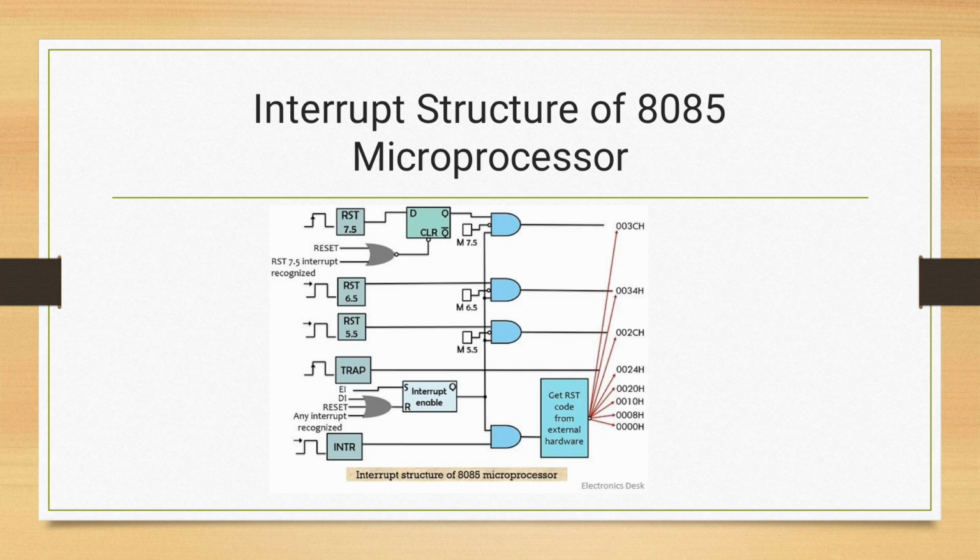In this slide, I have discussed the interrupt structure of the Intel 8085 microprocessor. Apart from that, the microprocessor is provided with CPU and various bus control signals, and one important CPU control signal is the interrupt.